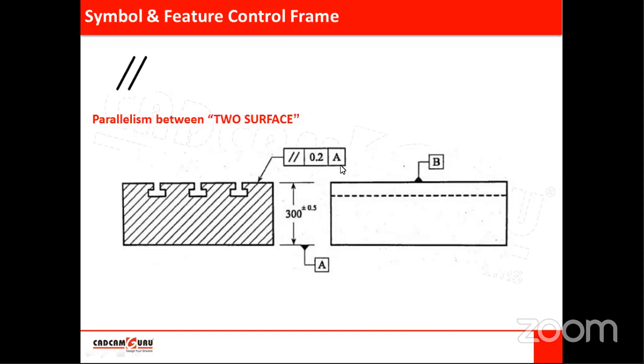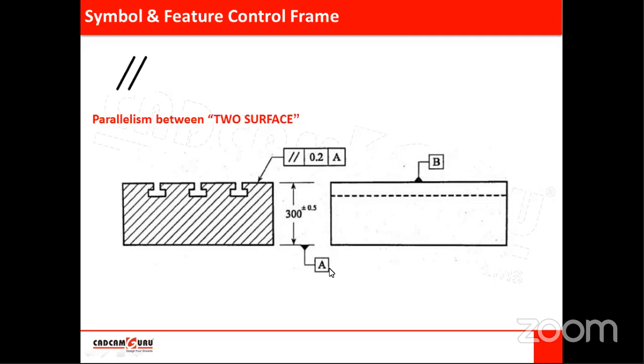Don't read letters only. Anybody can read the letters A, B, C, D. You have to identify what is A, what is B, what is C, and locate that feature in the component. Here A is the bottom surface, so you have to tell about that bottom surface. B is the top surface, or the feature under consideration. You have to tell about this surface, not just say surface B, surface A.